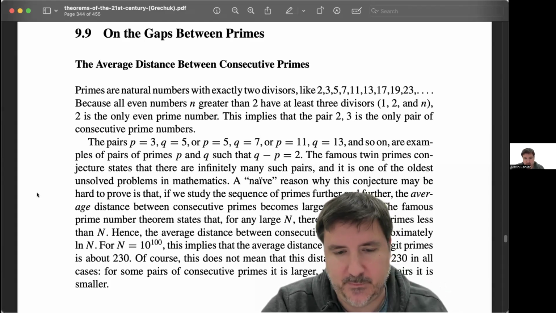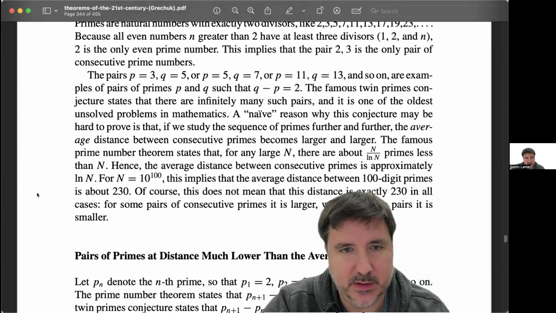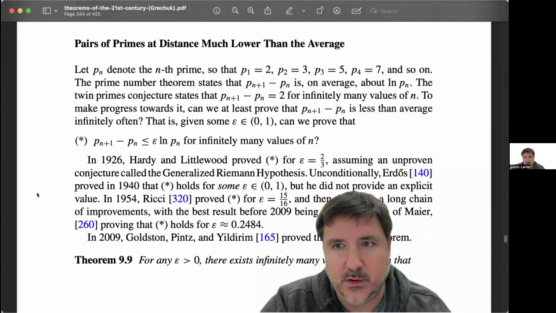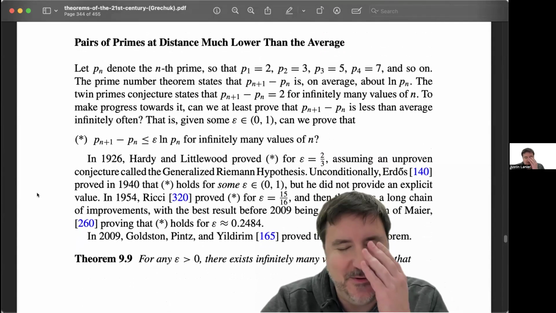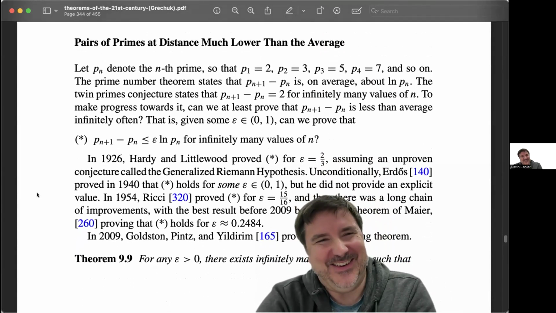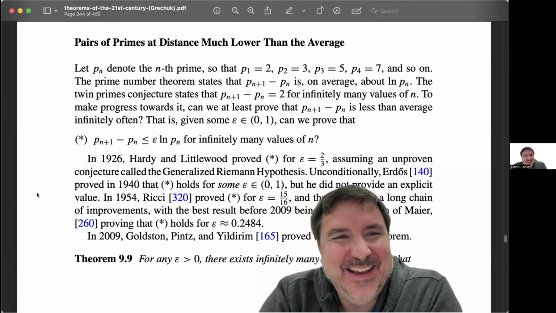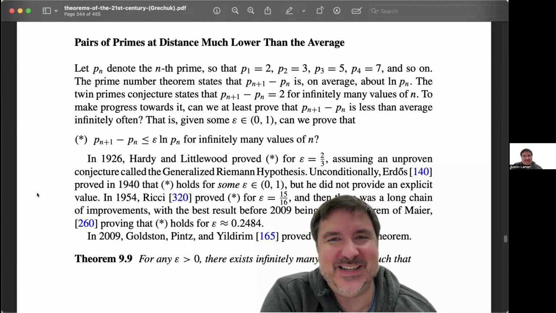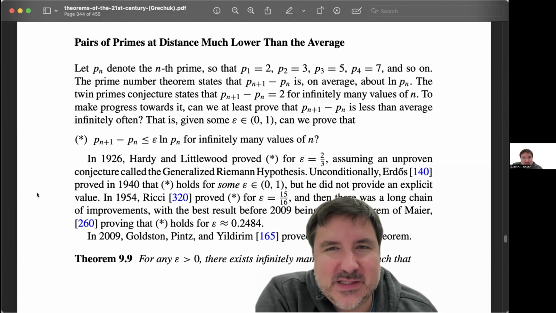Okay, so far so good. So we'll scroll a little bit. Oh, my face was probably in front of it. Okay, very good. The pairs of primes at distance much lower than average. Great.